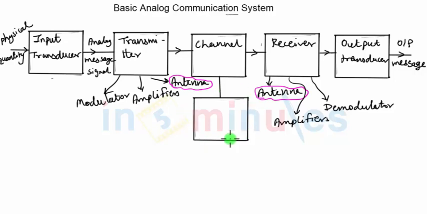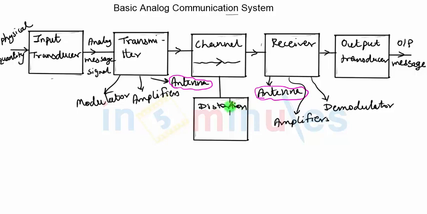Now there is something more which we have not discussed so far. If this is all we had, then the communication system design, analysis and everything would have been very simple. But there is something which is much more to the communication system. Whenever the information signal travels through the channel from transmitter to the receiver side, that signal goes through a lot of distortion.